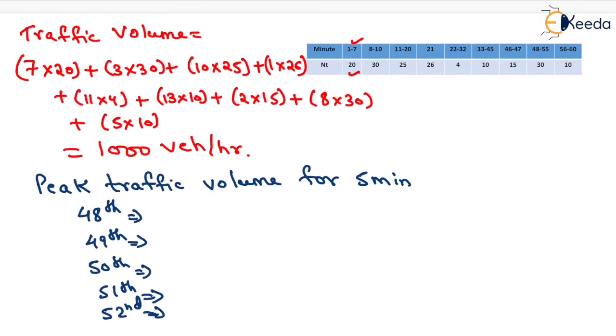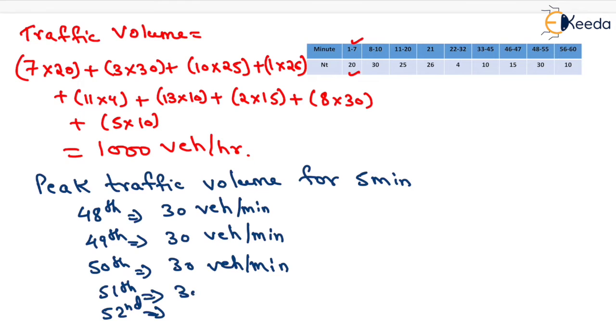Now in the 48th minute 30 vehicles per minute are moving, so we will write here 30 vehicles per minute. Similarly in the 49th minute there will be 30 vehicles per minute. Same in the 50th minute, that is 30 vehicles per minute.